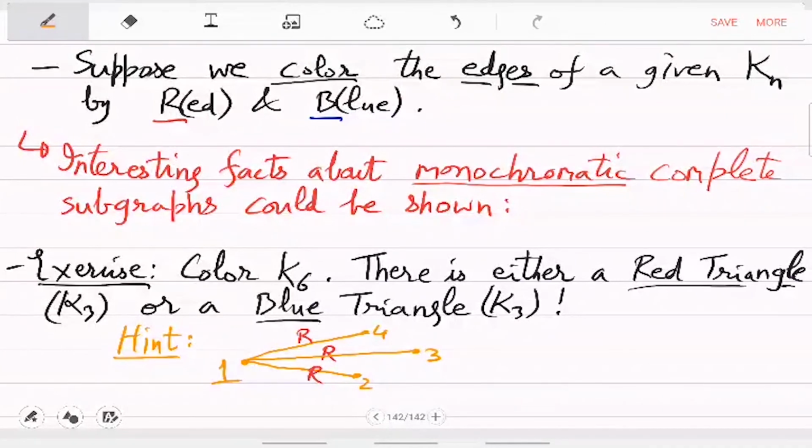That happens by simply an averaging argument or the pigeonhole principle. Now what can you say about the edges 2-3, 3-4, 4-2? Either one of these edges is red, in which case you get a red triangle, or all of them are blue.